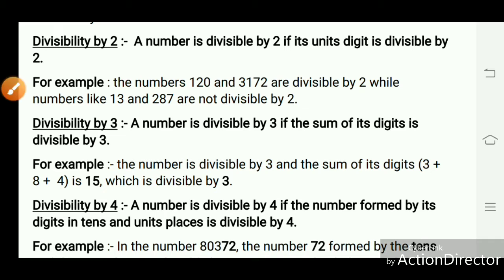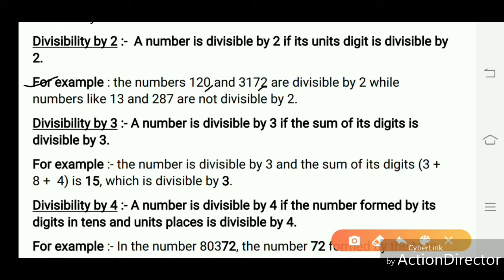For example, the numbers 120 and 3172 are divisible by 2 because in 120 the unit digit is 0 and this number is divisible by 2. In the second number 3172, the unit digit is 2 and 2 is divisible by 2. So both these numbers are divisible by 2.